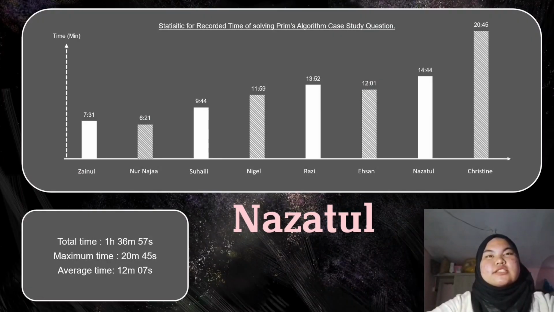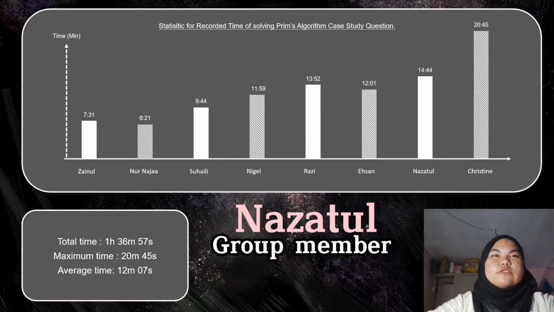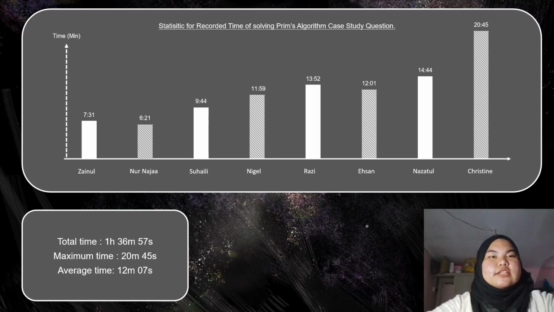So this is the statistic for the recorded time of solving the Prim's algorithm case study question. We have 7 competitors. The first one is Zainul, with a time of 7.31.